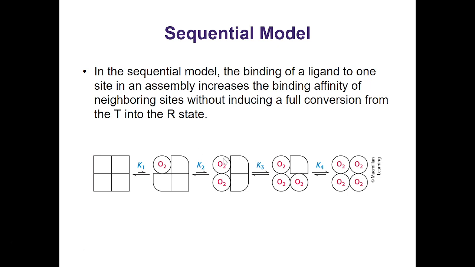Okay? And then you'll get your next binding, and at that point you'll have an equilibrium that doesn't really favor either. And then you get your next binding, and that favors further binding, doesn't it? And at this point here, we'll be sort of half T, half R. And then we'll favor the R state more, and then we'll fully be in the R state.